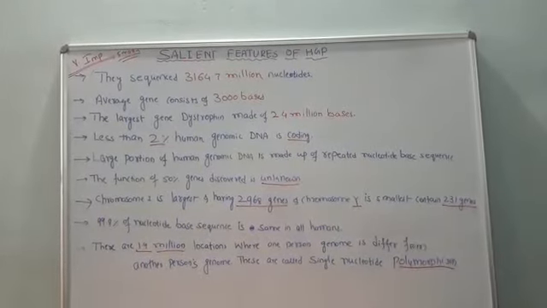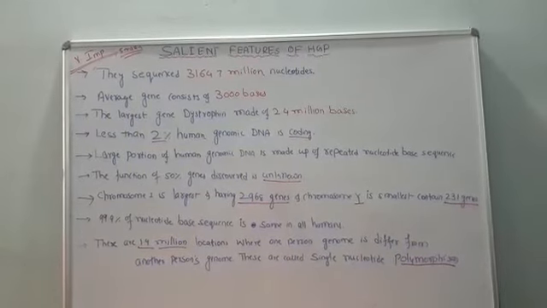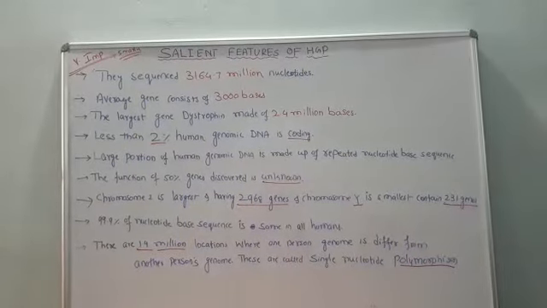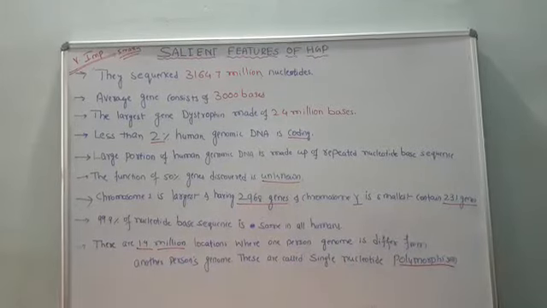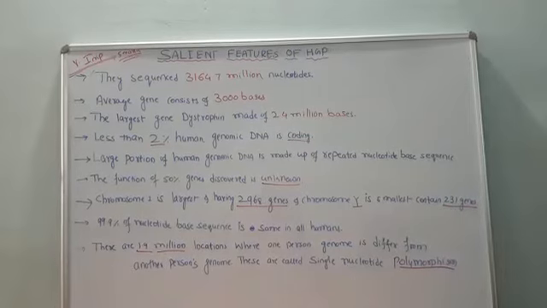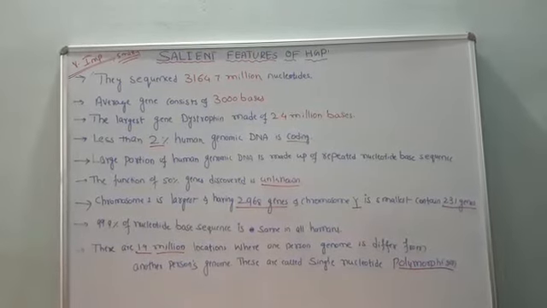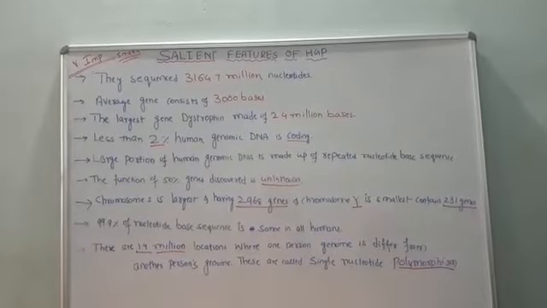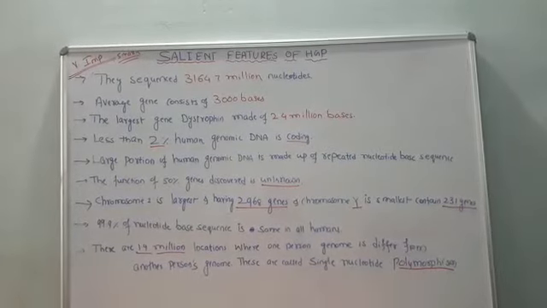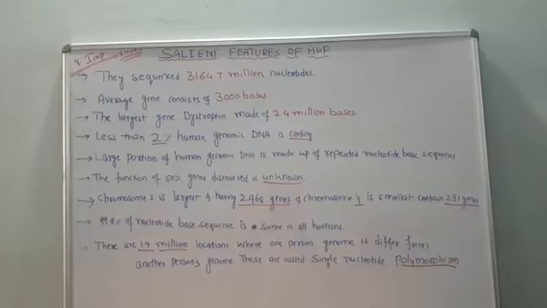Next, less than 2% of human genome DNA is coding. We know that the human eukaryotic gene consists of introns and exons. Introns are non-coding sequences, and exons are coding sequences.